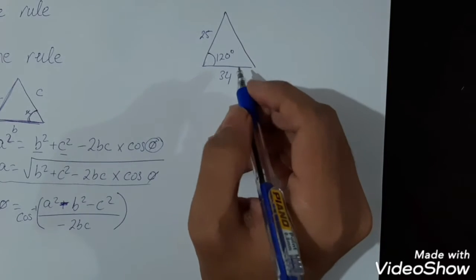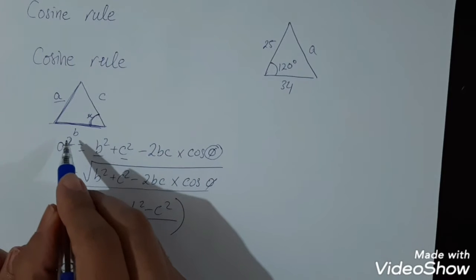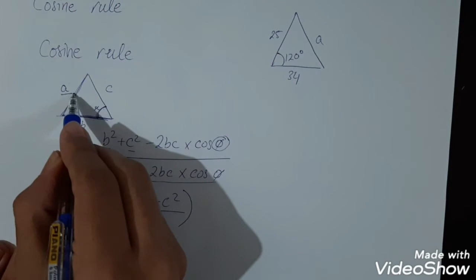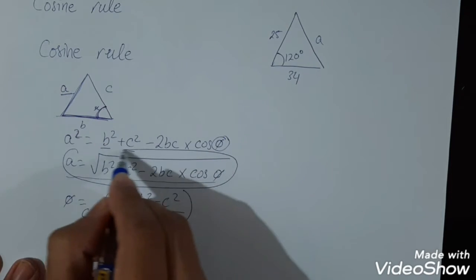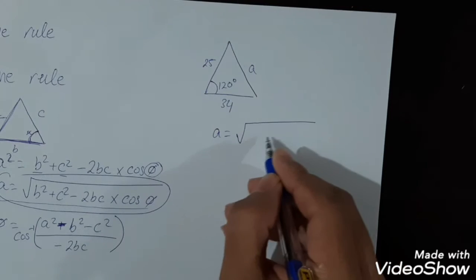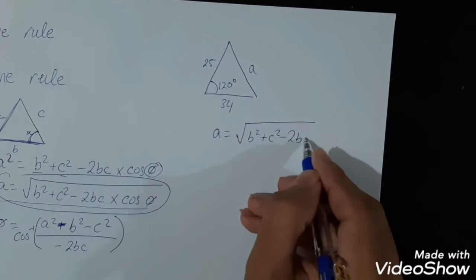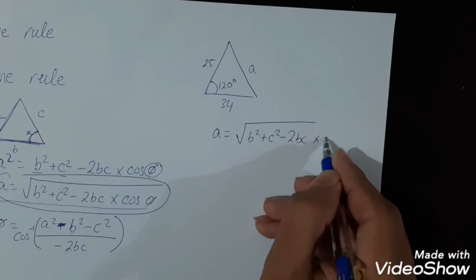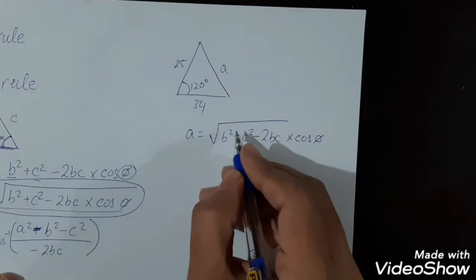We have to calculate the length of a. As in the previous diagram, when we have to calculate the length of a, we will use this formula: a is equal to the square root of b square plus c square minus 2bc multiplied by cos of the angle.